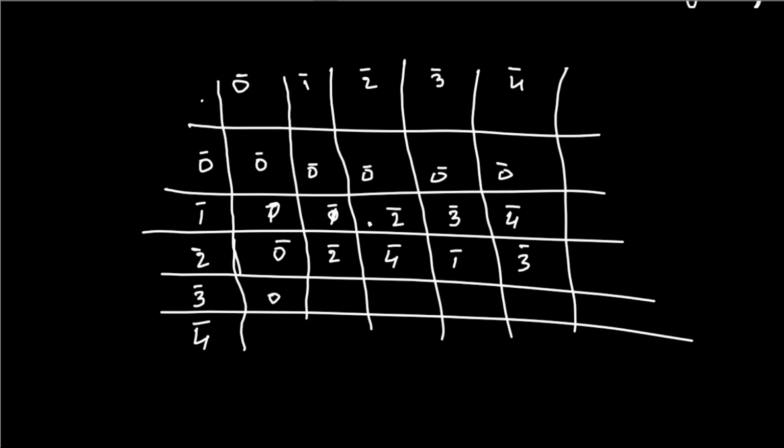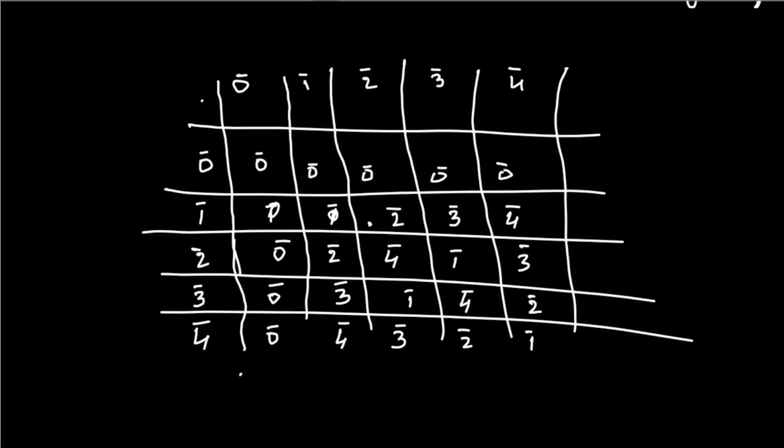So 0, this is 3, and 6, yes, 4 times 3 is 12, that is 2. Now 4 times 0 is 0, this is 4 and 3. So this completes the table under multiplication.